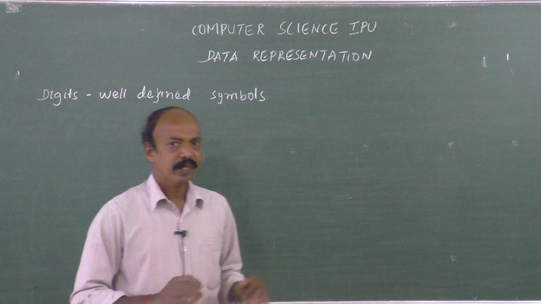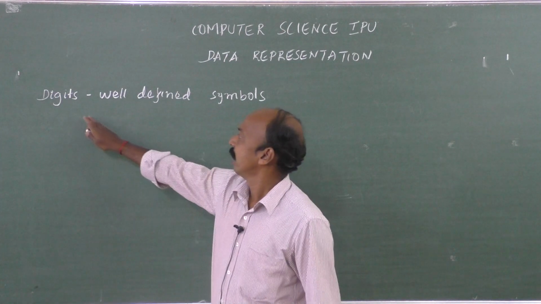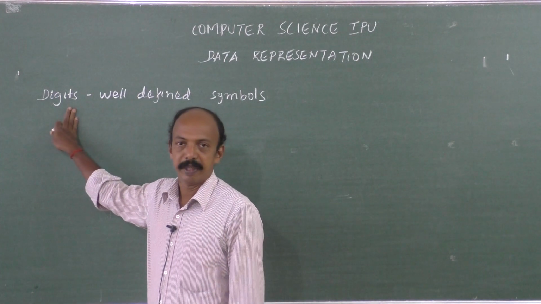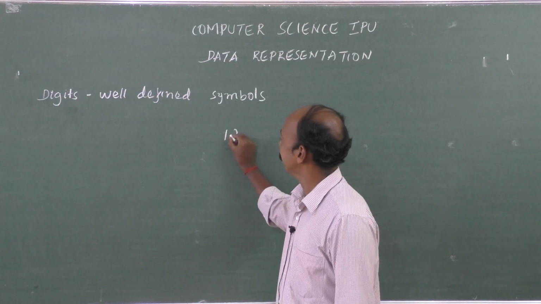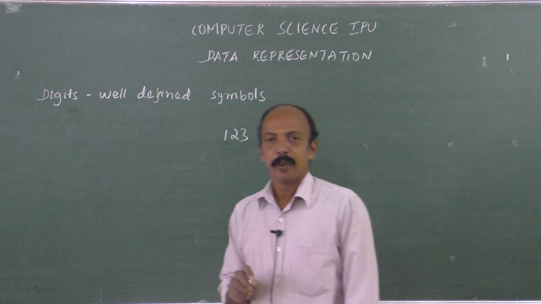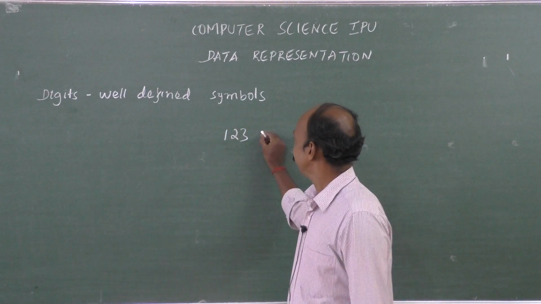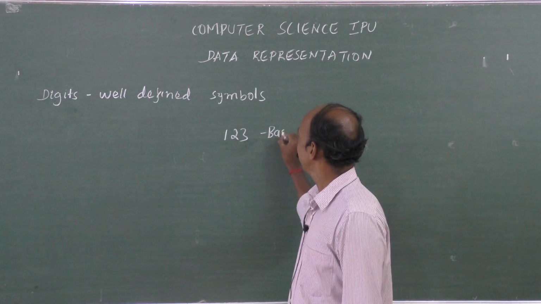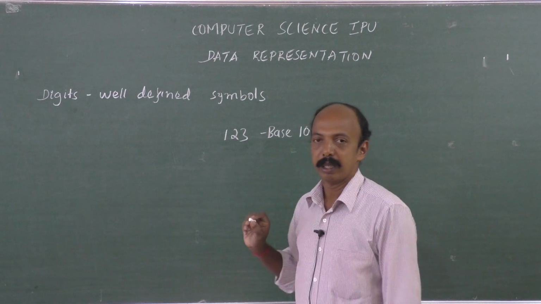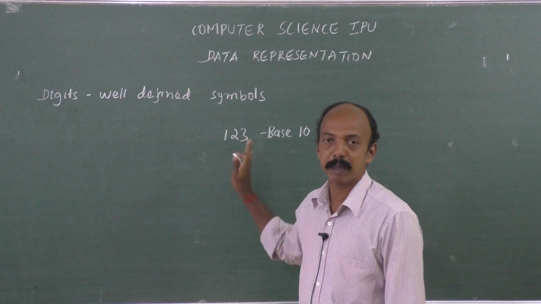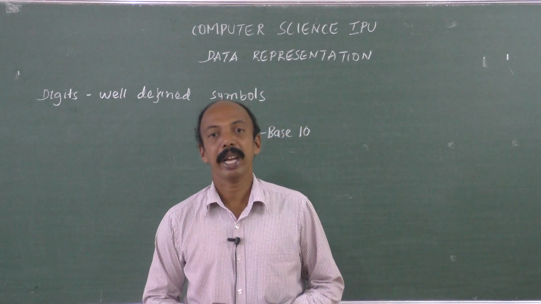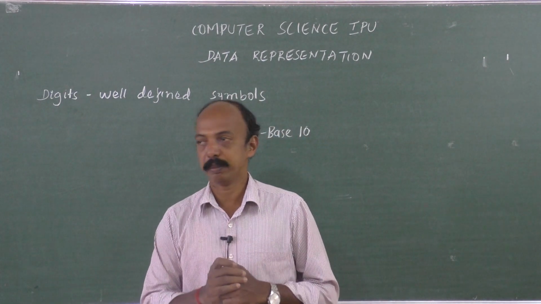First, we shall try to understand a term, a digit. For example, when we write the number 123, we are familiar with the number system which has base 10, but we don't write that base because we are used to that particular number system. We have different types of number systems.